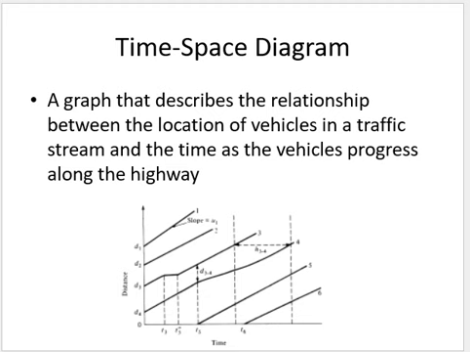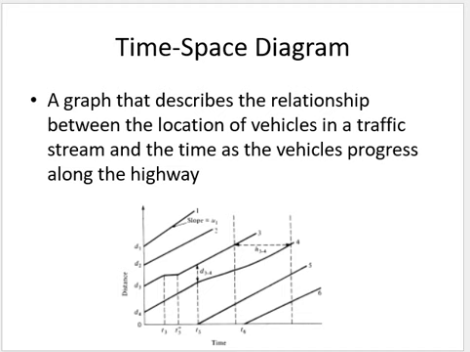So what are the things you can find out from the time-space diagram? From this diagram, how many things have we discussed now? Slope means speed. Okay, what else? Distance, which we call spacing.